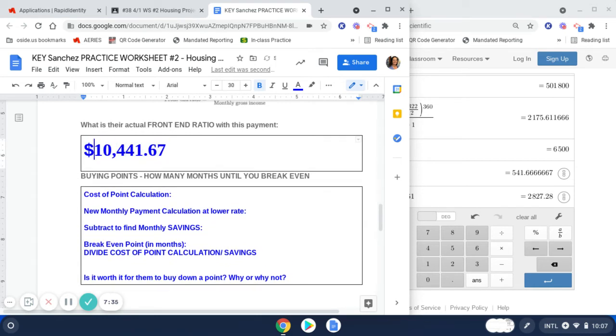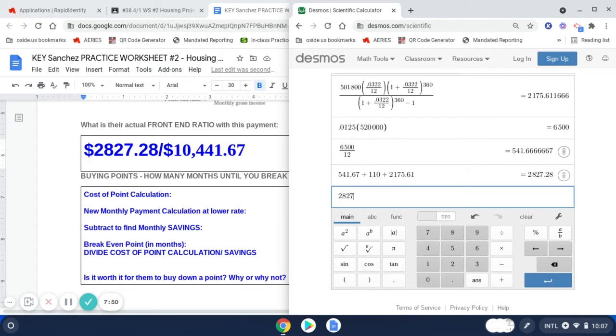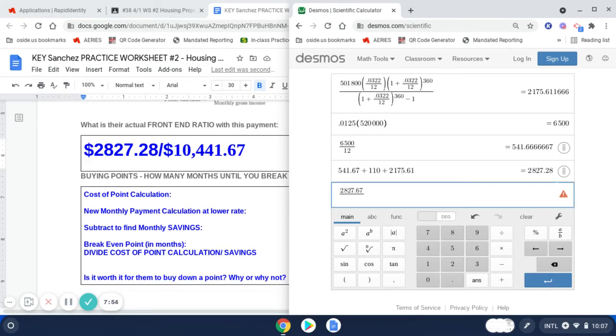And then we're going to take that new payment of $2,827.28. And let's see what we get for this ratio. Ooh, 27%.